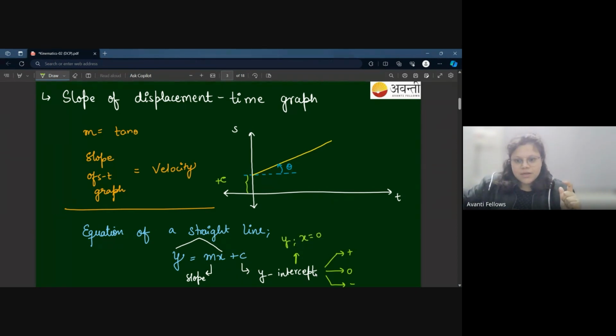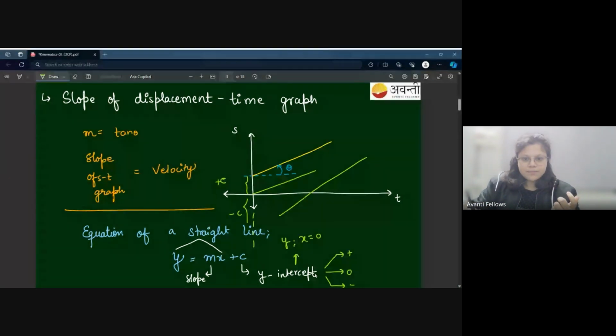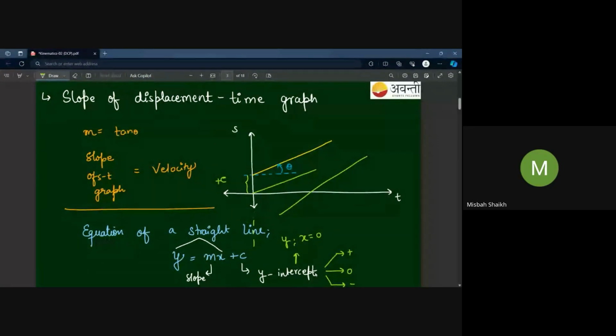If somehow I cut the graph like this, then it's going to meet somewhere here. It would have a negative y-intercept. And if I start some equation from here, then it would be a straight line with 0 intercept. Is that okay? Yes, ma'am.